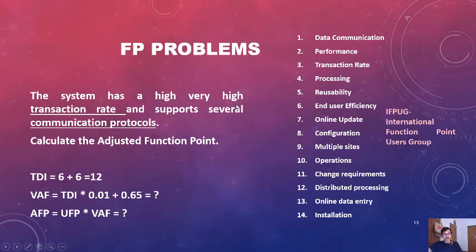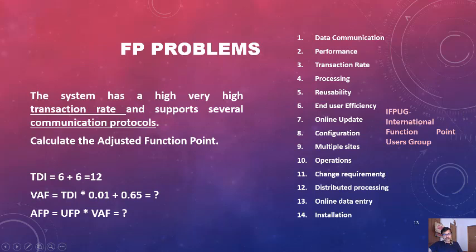So TDI is equal to the first 6 for high transaction rate. This is one influence, and it supports several communication protocols. Several communication protocols actually make your system complex. It is another type of influence.